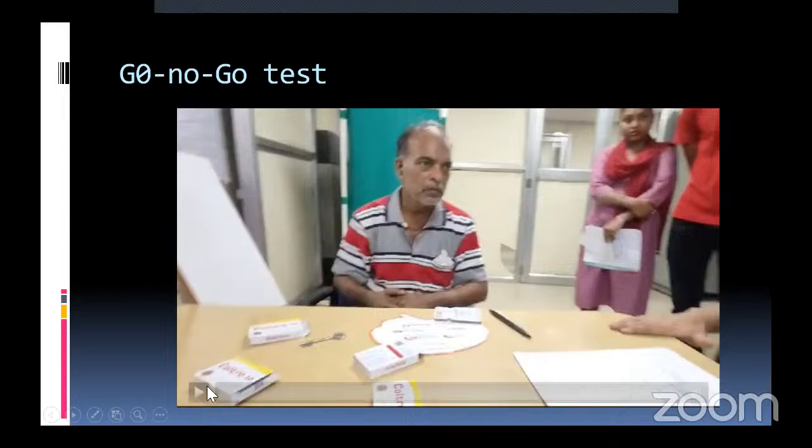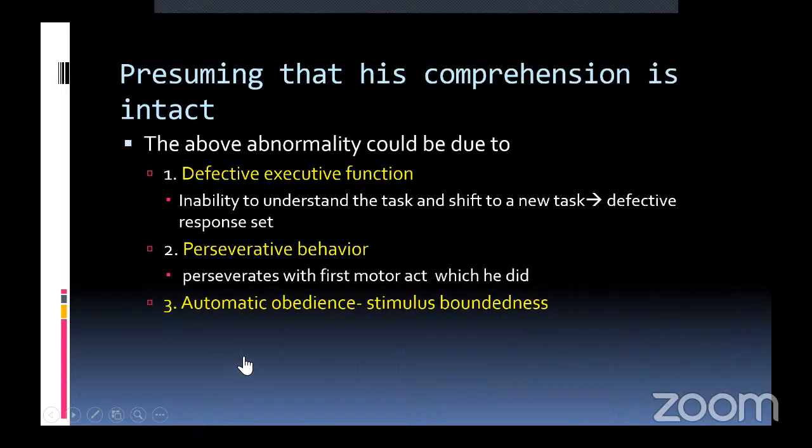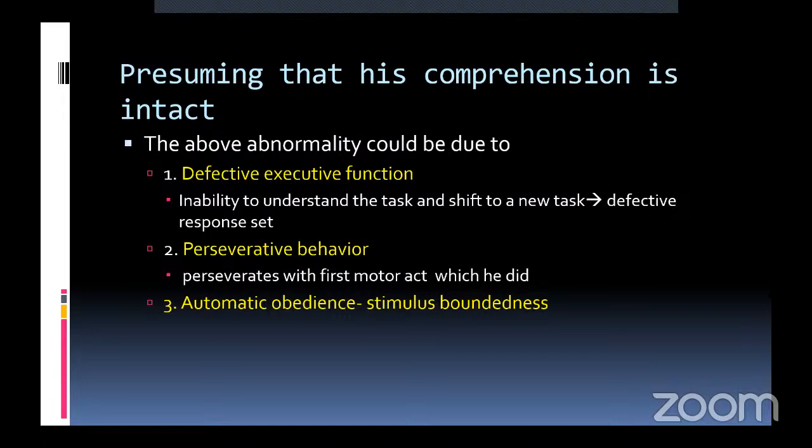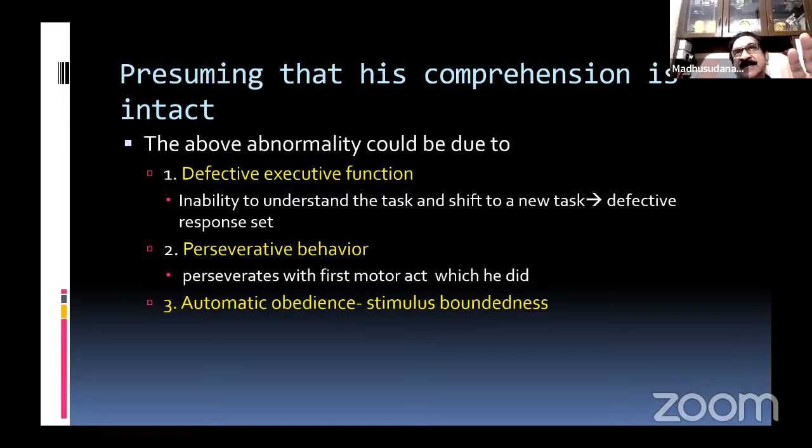Sir, its attention itself is abnormal now, sir. Pardon? Its attention is abnormal now, sir. No, that is difficult to say. What you said is correct. His vigilance is affected. Whenever there is a problem in attention and vigilance, it is going to affect all your executive functions.